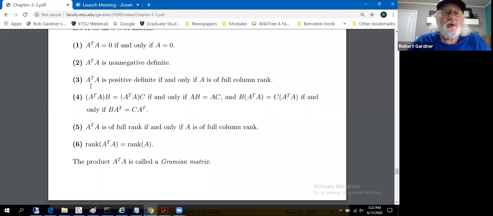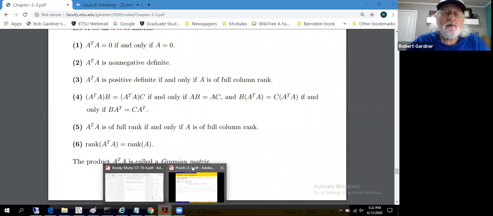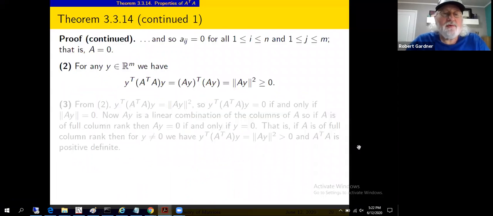Speaking of, part 3 deals with positive definite. So A transpose A, the Gramian matrix associated with matrix A, is positive definite if and only if A is of full column rank. Some of these arguments through these proofs are rather similar.